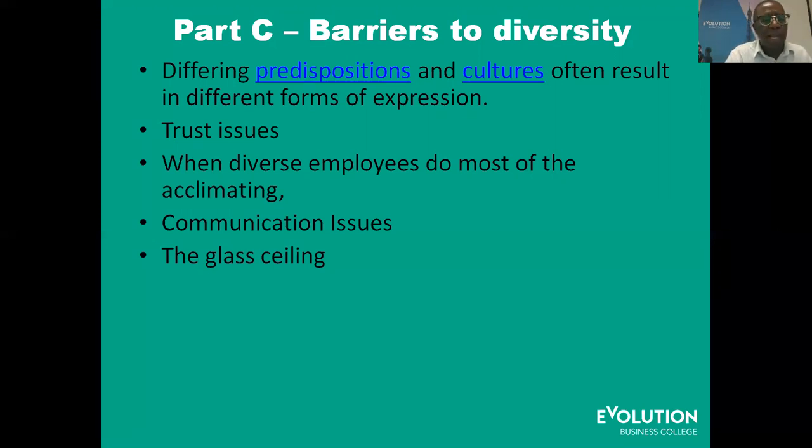Communication issues: different people from different backgrounds communicate differently. I can give you an example. Probably in other countries, your senior manager or the people above you that you report to, you either call them Mr. or Mrs. or Miss, whatever. And that's in different other cultures. But in another culture, your boss, your CEO, you're free to call them John, Pete, and so forth.